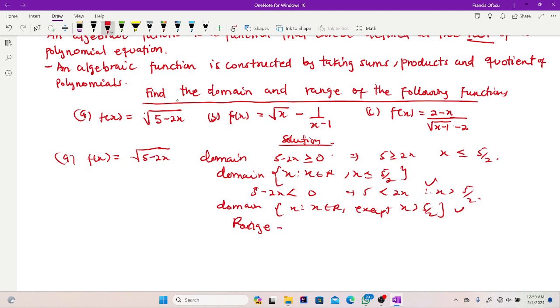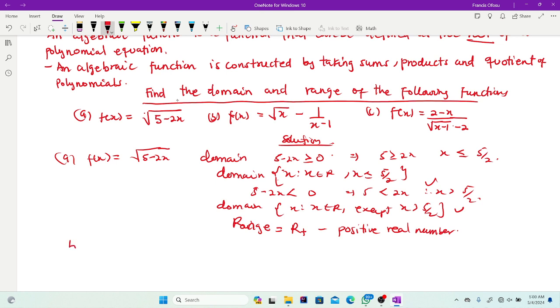So our range is simply going to be positive real numbers, represented as R plus. When you see R with subscript plus, it means positive real numbers. You can include 0, so you can say non-negative real numbers. That is the range of this particular function.